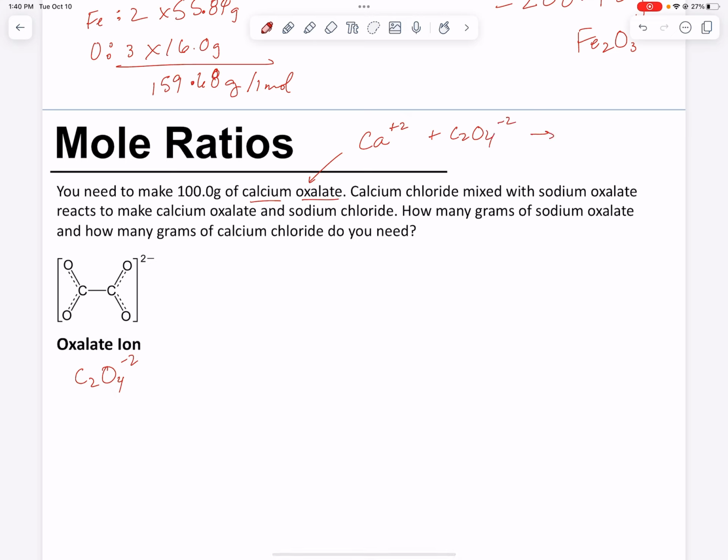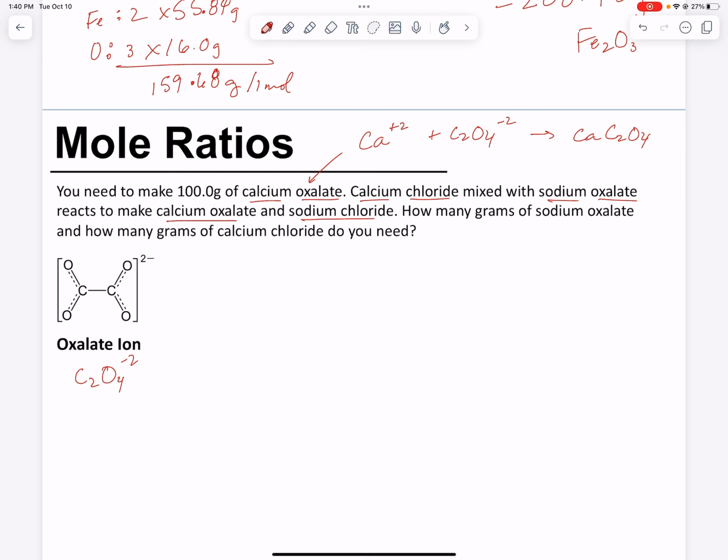Right, so we just need 1 each, so it'll be CaC2O4. There's calcium oxalate. It says calcium chloride mixed with sodium oxalate, all right, reacts to make, so this is our first product and this is our second product, calcium oxalate and sodium chloride.